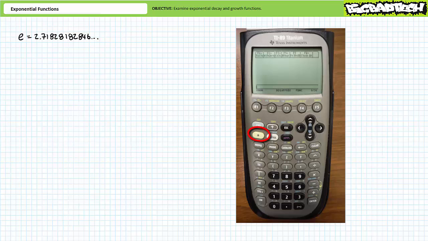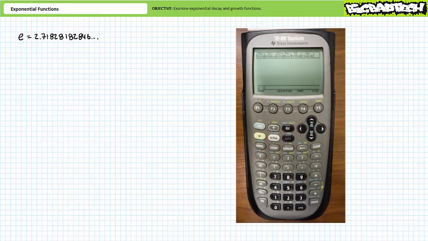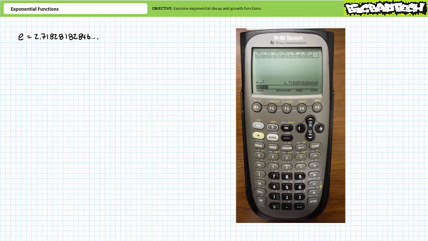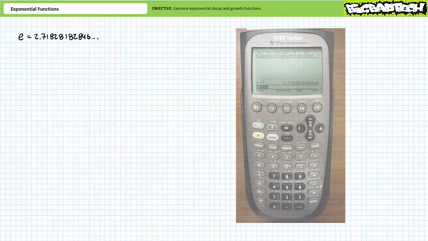One presses the green diamond key and then the x key, where e raised to the x is written in green above the x key. The calculator then asks to which power we wish to raise e. For the purposes of just getting the value of e, we raise e to the power of 1, close the parentheses, and press enter. The calculator spits back 2.71828 and so on, as we'd expect.